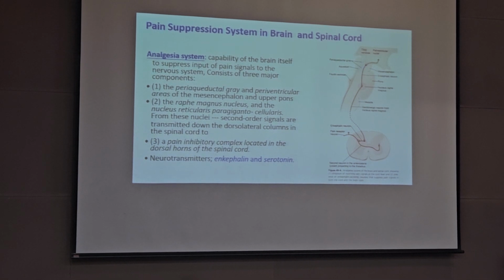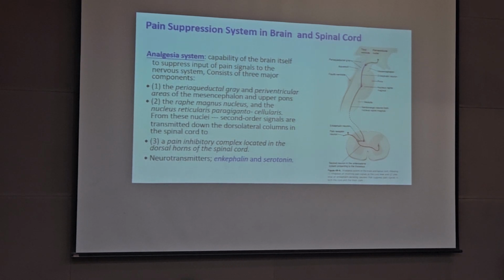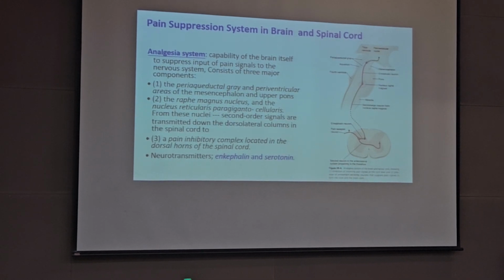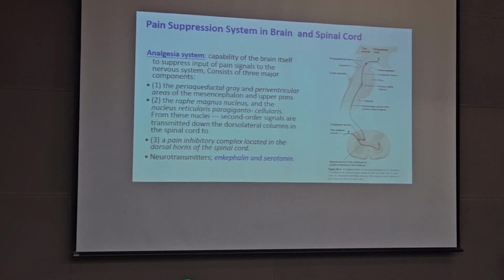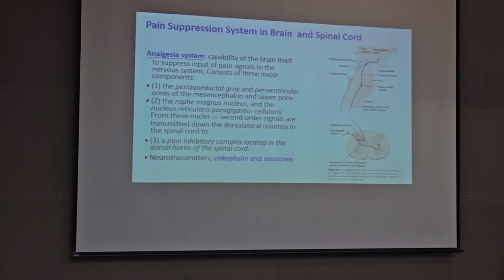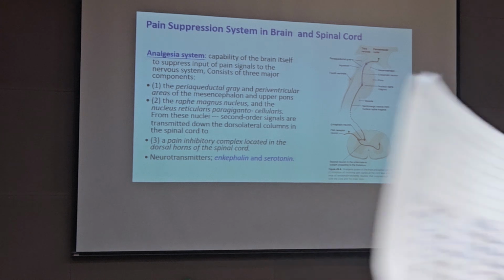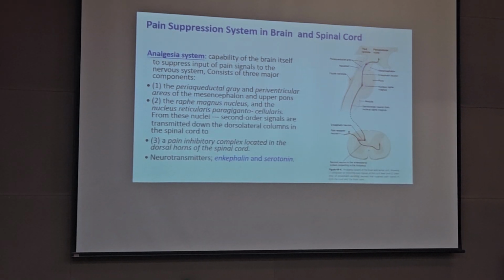Any questions so far about whatever you learned about the paleo and neo spinothalamic tract? Which ascending tract, or which pain pathway, carries fast pain, or sharp pain? We have only two, right? Neo and paleo.